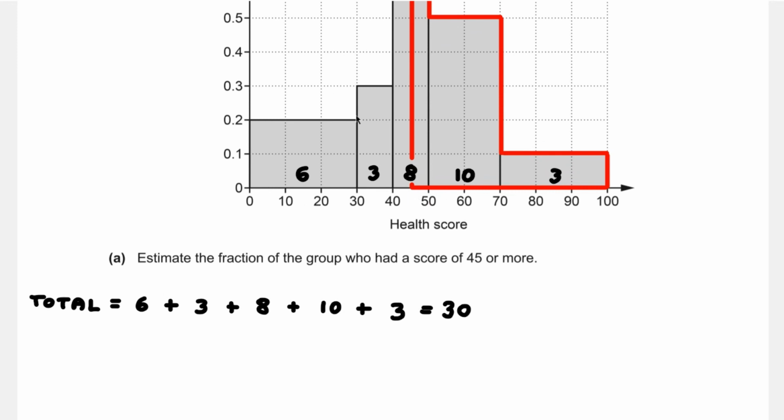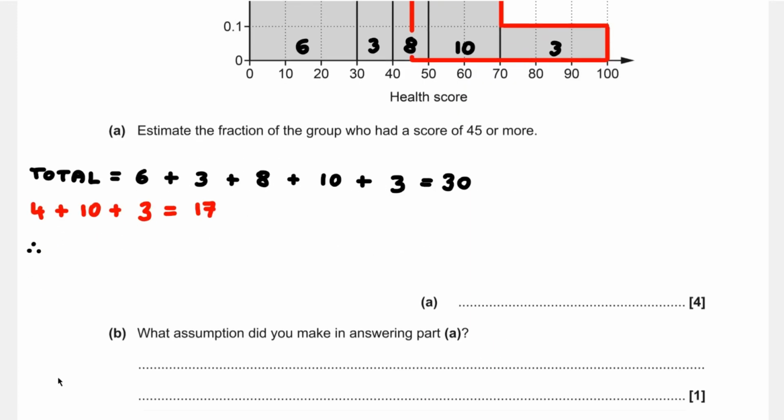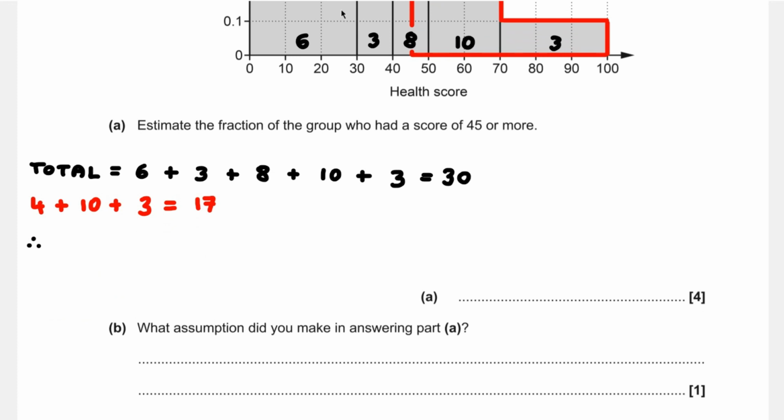So I've got 4 plus the 10 plus the 3, which is 17. So therefore for my fraction, who have 45 or more, is 17 over 30.